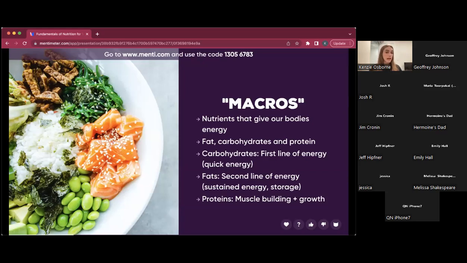In order for that to happen, we would have to break down proteins, so break down our muscles, to get energy. That will only happen if we have run out of carbohydrates and we've run out of fats. So in all likelihood, we're not going to be using protein as energy, and again, we really don't want that to happen. Protein is building blocks, so we really want to use that to build and repair our muscle mass.